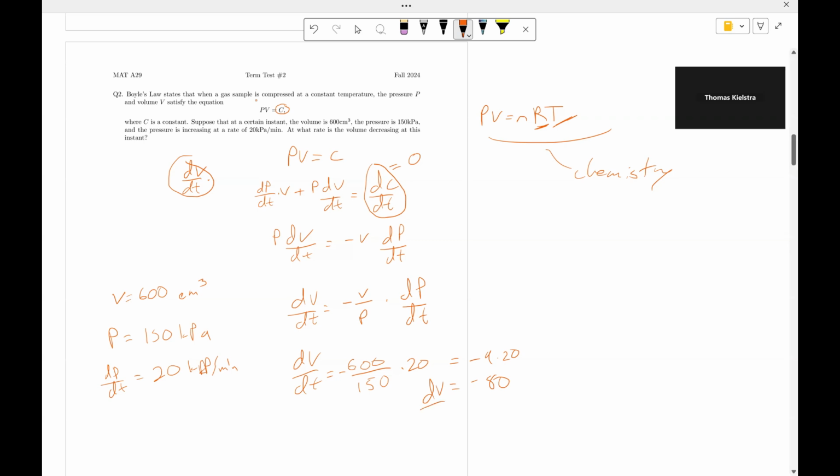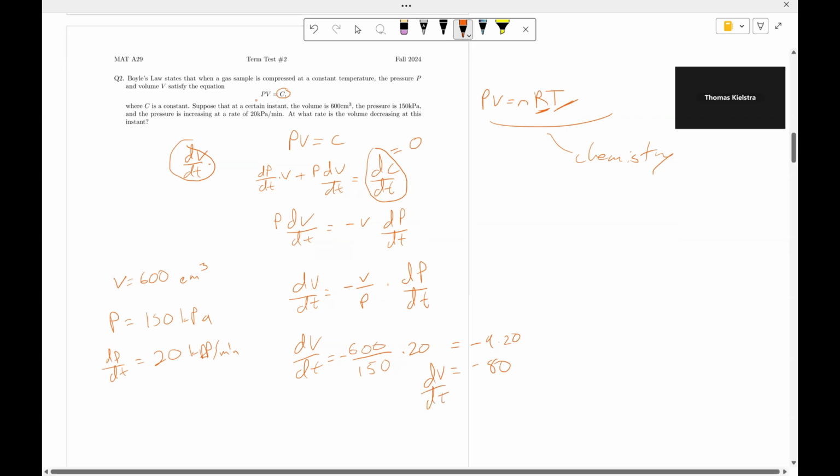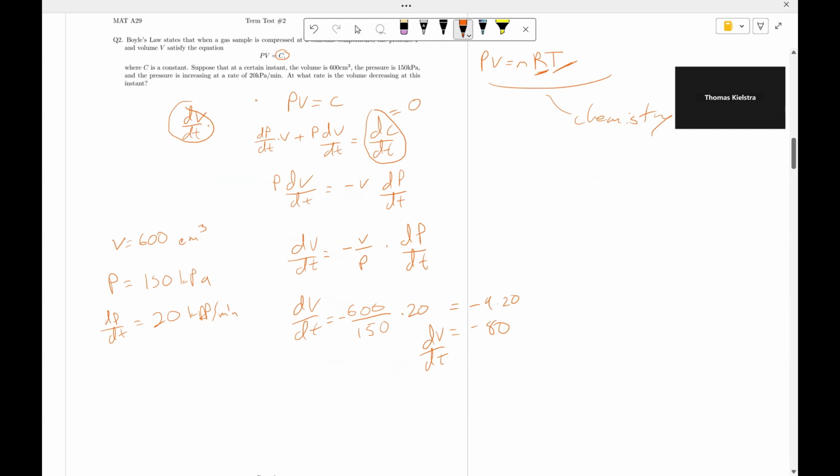So my change in volume with respect to time is minus 80 centimeters cubed per minute in the units. So the rate at which the volume is decreasing is 80 centimeters cubed per minute.